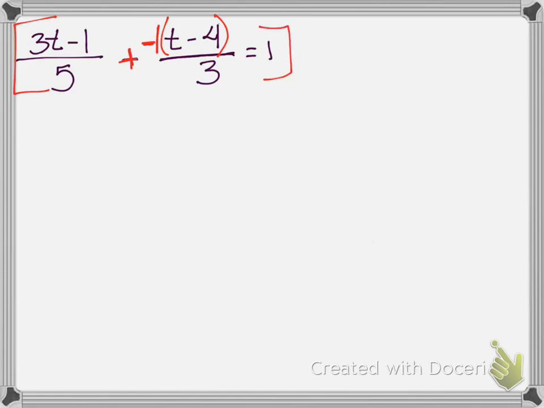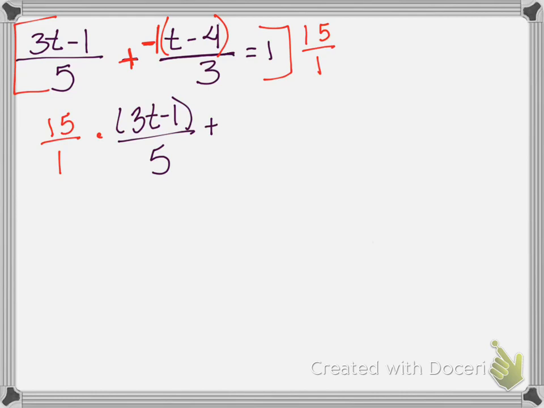15. So I'm going to multiply everything 15 over 1. So 15 over 1 times, I'm putting my 3t minus 1 in parentheses.